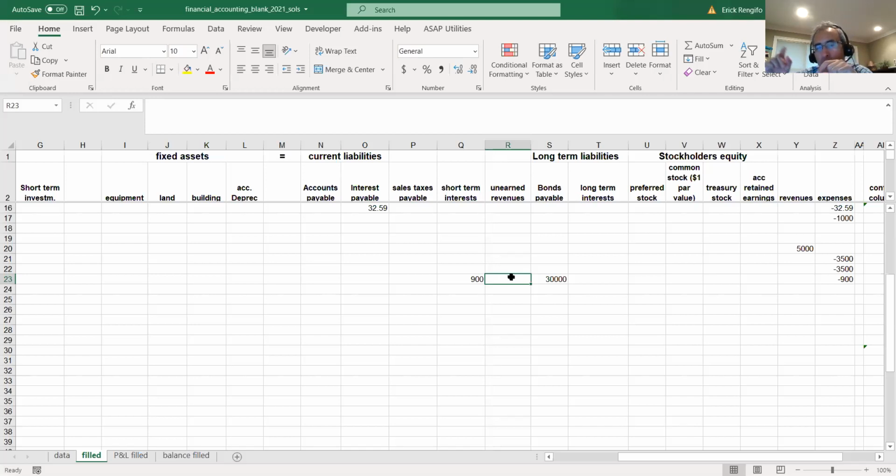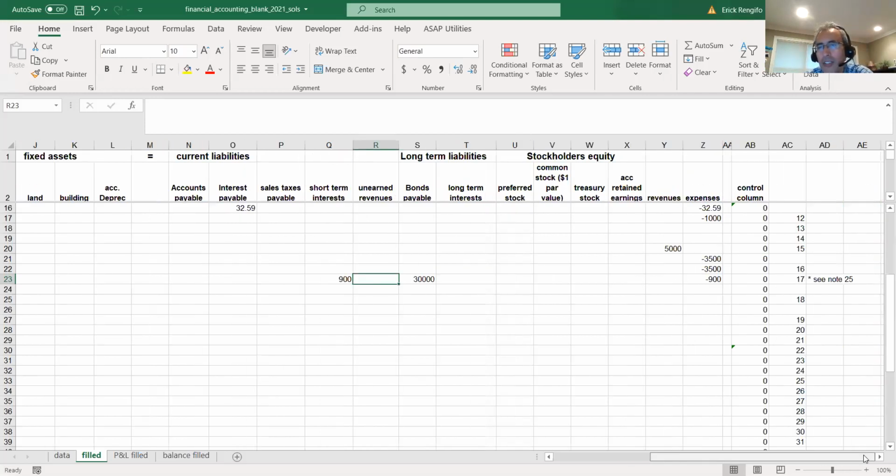So we're going to have a star with a number in the financial statement, and we're going to see, you know what, there is $2,700 that corresponds to interest that are going to be paid in years 2, 3, and 4 that are not considered in this balance. So they're going to be registered outside the balance. Okay, something like that. See note 25, for example. So the one that reads this balance takes a look at note 25, and this 25 is a creation, guys. So I just put any number. And then you're going to realize that there is $2,700 that are not considered in this balance because this balance is for 1 year, but it's going to be paid in the next 3 years.